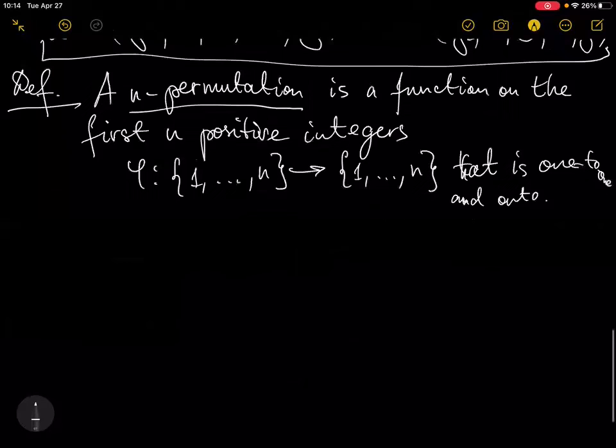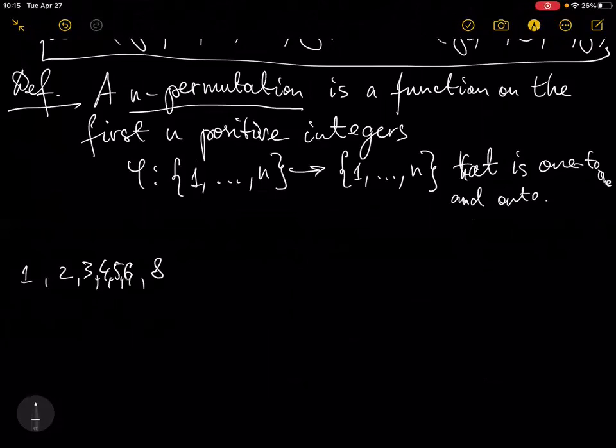So what does it mean? It means that I start from some set, let's say 8: 1, 2, 3, 4, 5, 6, 7, 8.